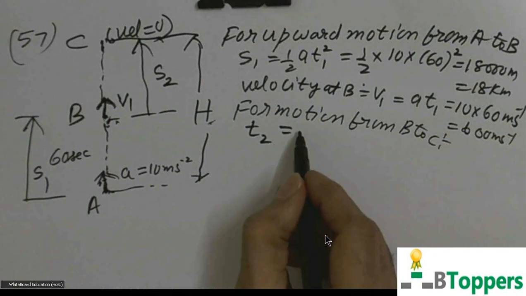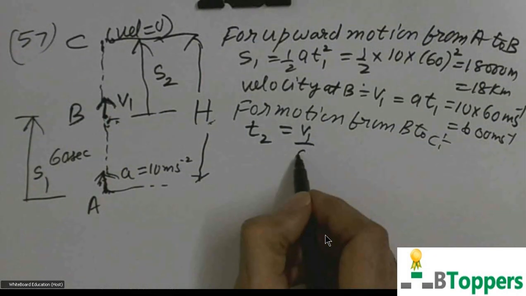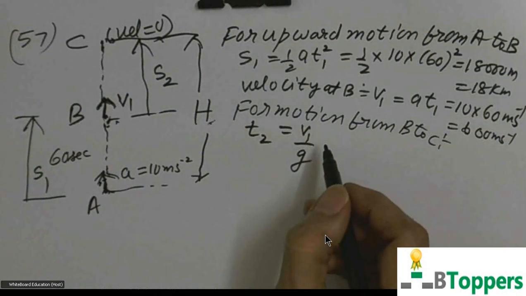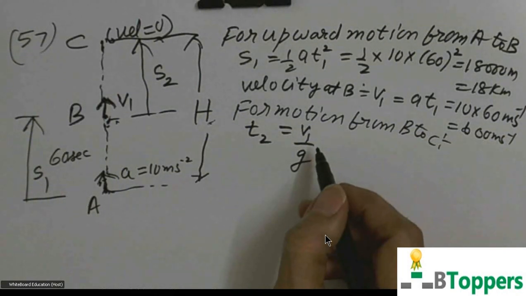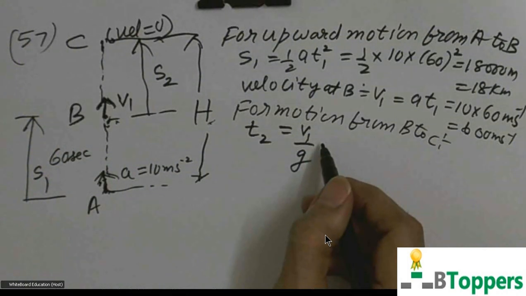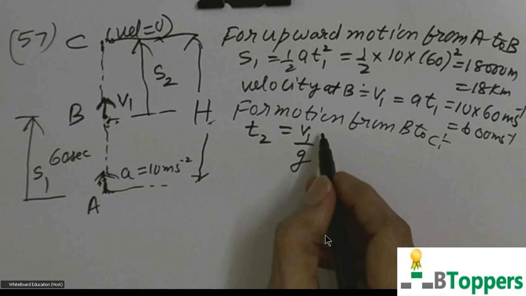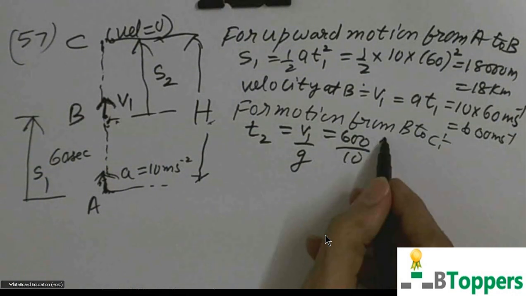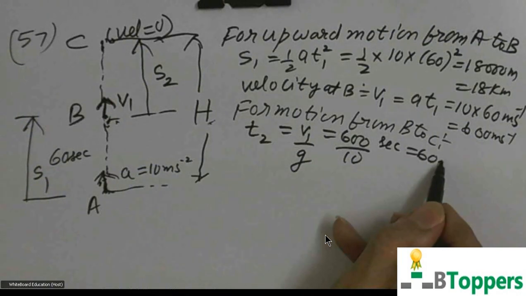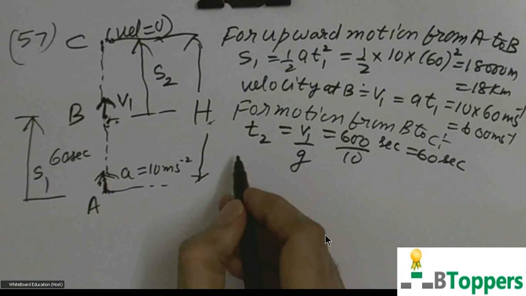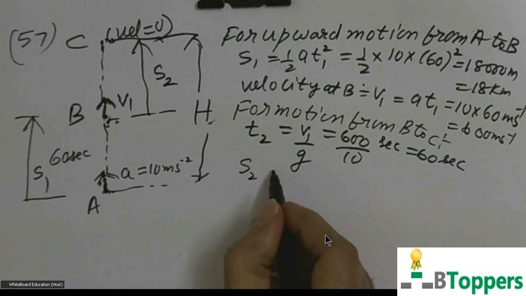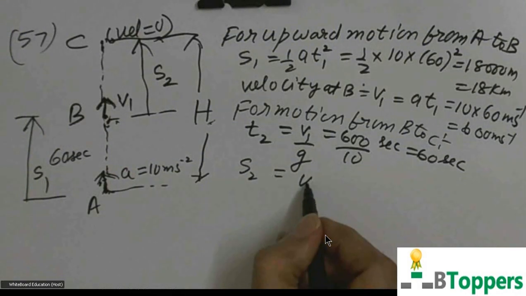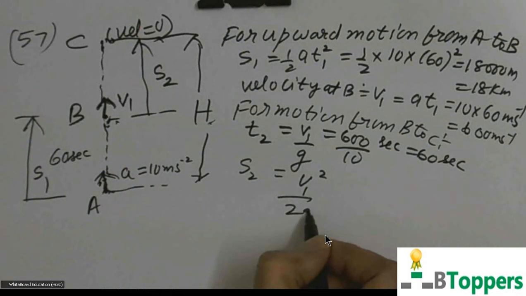So the time taken from B to C, which I denote by t2, is equal to V1 by g. The body is given initial velocity u vertically upwards such that it moves under the influence of gravity. Then the time of ascent is u by g. Using that formula, that is V1 by g, that is 600 by 10, or 60 seconds. S2 is the maximum height reached above the point B, using the formula for maximum height u square by 2g.